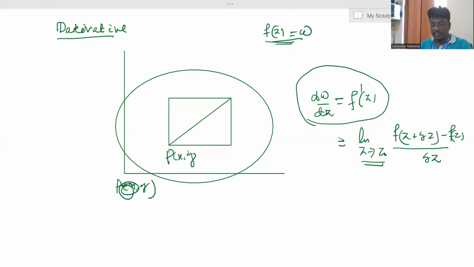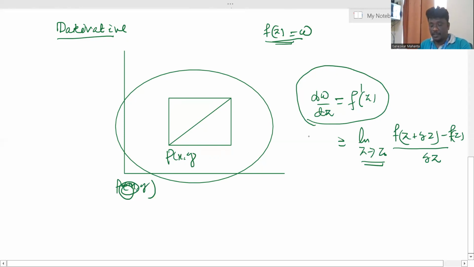Q is another point, z plus delta z. Here x is increased to x plus delta x with y fixed, and in the other case y is increased to y plus delta y with x constant. So the point is (x plus delta x, y plus delta y).